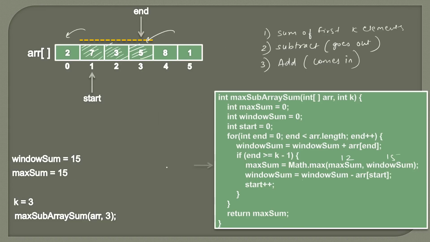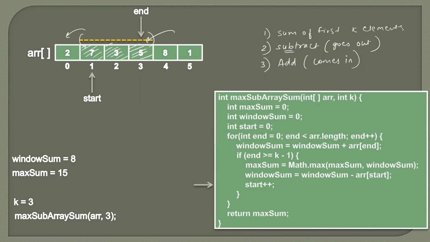Now after we did the sum of this sliding window, we know that the window will move ahead and 7 will go out of the sliding window, which is the element to which start is pointing. We need to subtract the element which goes out of the sliding window, so that for the next sliding window we can evaluate the sum easily. So window sum is 15, we do minus 7, so it will give 8.